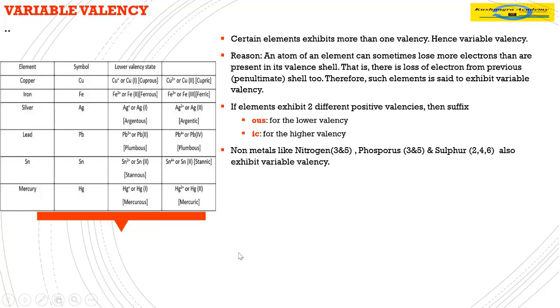So valency, we have already discussed what valency is: the combining capacity of an atom or of a radical. That means how many electrons they are losing and how many electrons they are gaining to complete the octet or duplet. That is called the valency.